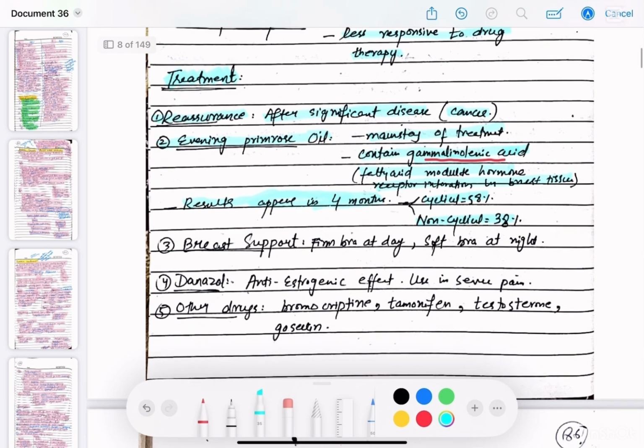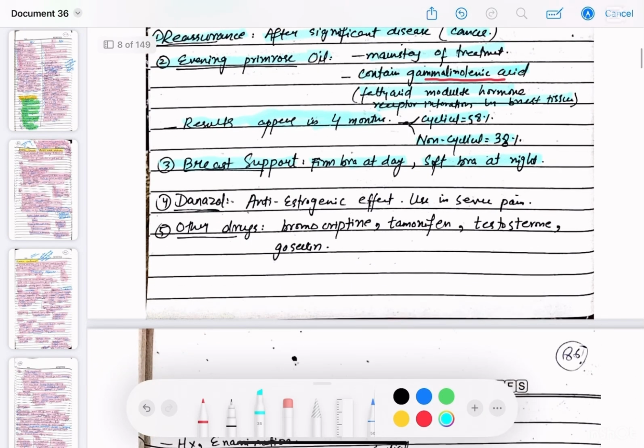Breast support is provided, that is a firm bra during the day and a soft bra at night. Danazol, which has an anti-estrogenic effect, is given in severe pain.